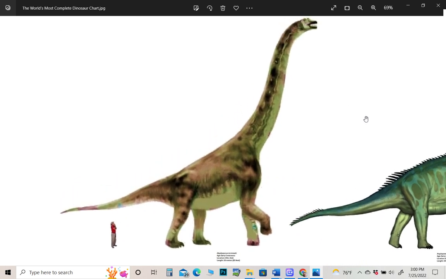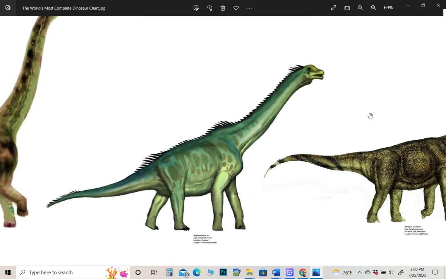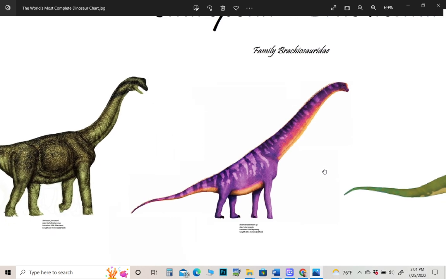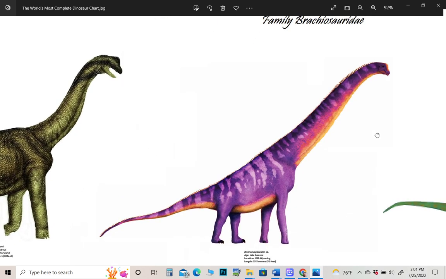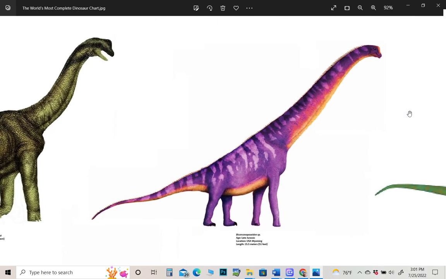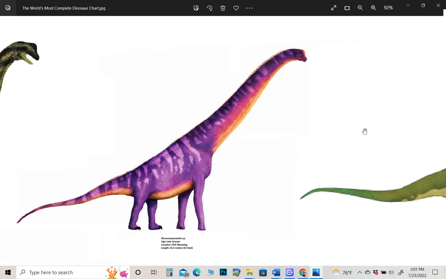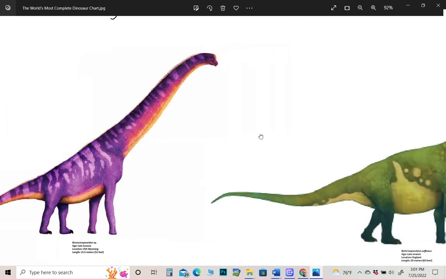So, Abydosaurus, Angloposeidon, Astrodon, Biconcaveoposeidon. That one's a nomen dubium and has some really weird looking vertebra, apparently, that they've not seen before, but they think it's related to Brachiosaurus.